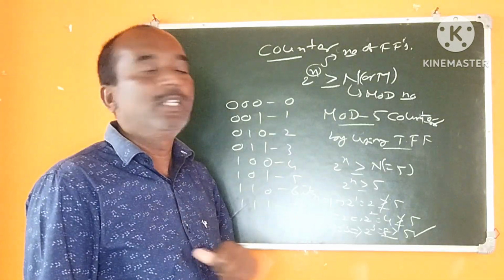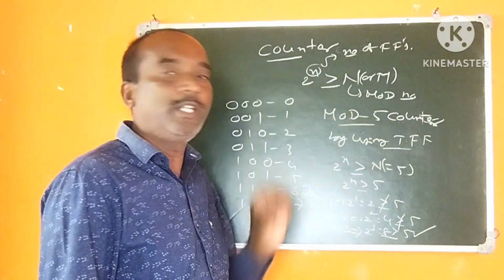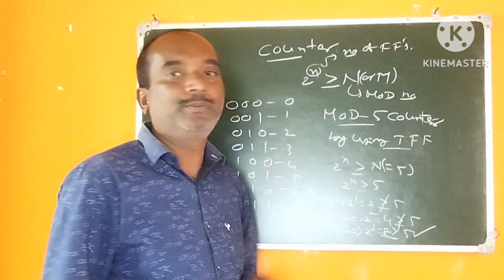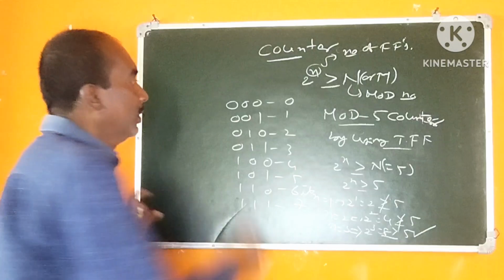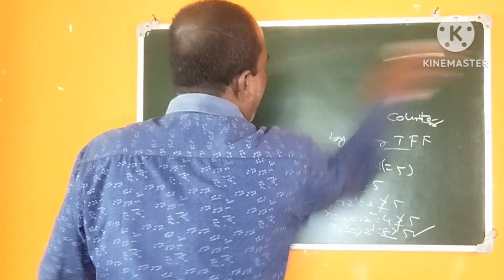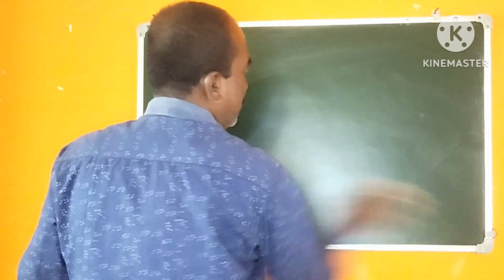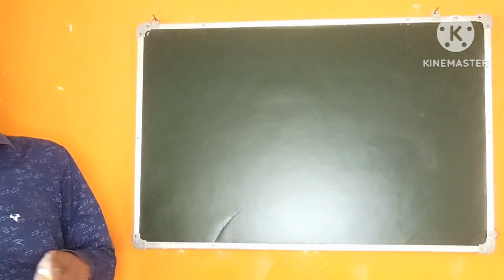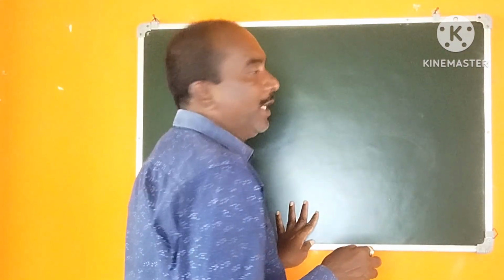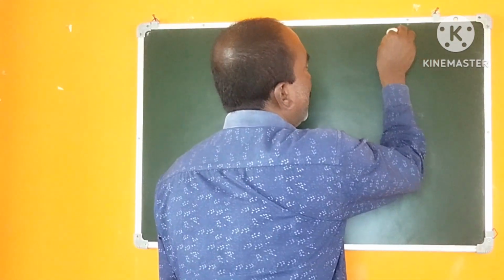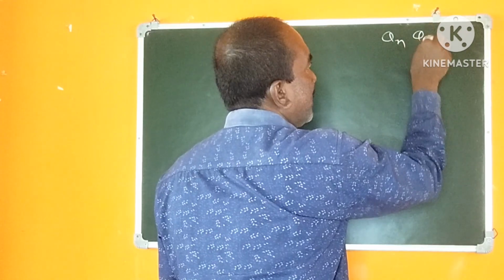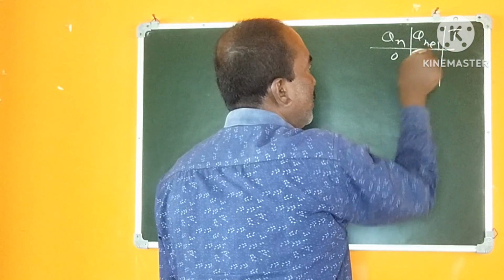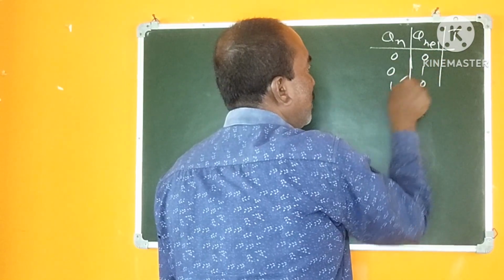So let me design the mode 5 counter by using 3 T flip-flops. Now the state table of the T flip-flop: the present state is Qn, the next state is Qn plus 1, and the input to the T flip-flop is T. It is 0 0 0, 0 1 1, 1 0 1, and 1 1 0.